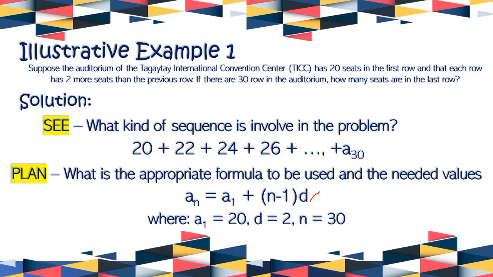Then, identified natin mula sa problem na yung a sub 1 is equals to 20. Ang common difference ay 2. Yun yung 2 more seats na sinasabi. No? Yan. Tapos, yung ating n is 30 kasi ang hinahanap ko is kung meron 30 rows yung auditorium.